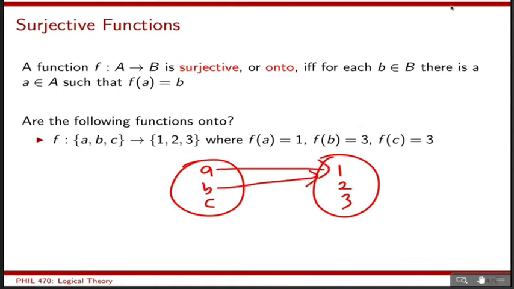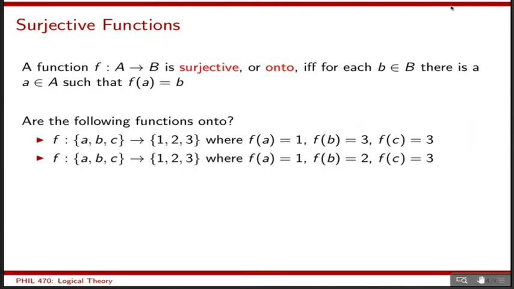A gets mapped to 1, B also gets mapped to 1, and C gets mapped to 3. So we can see that this is not an onto function. So is this onto? Well, the answer is no. And why is this not onto? Well, here's an element 2. The element 2 is an element of the codomain, but there's nothing in the domain that maps to 2.